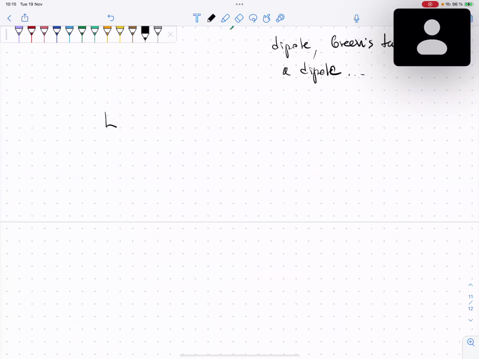The electric field of the dipole can be written in the following way: the dyadic Green function multiplied by the dipole moment. And we write the dipole moment as follows: E0.